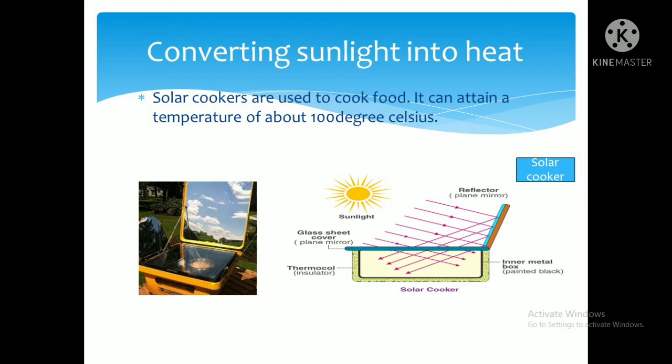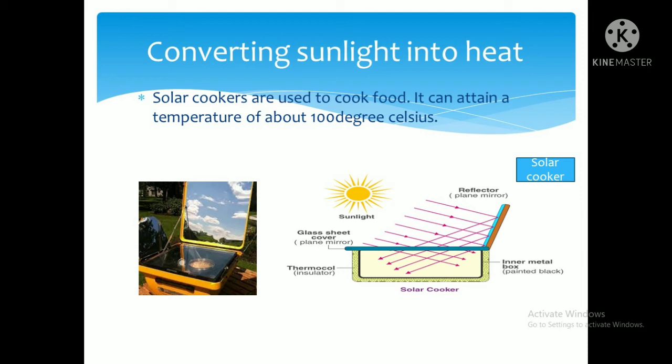But it is obviously a little bit difficult for making chapatis, or for frying and all. This is not possible, but we can see there is one lid on top, isn't it? One glass sheet is there, so inside it you can just put the food there. On the inner side it is painted black. We have studied that, so the heat will be captured there, and sunlight will give its full energy.